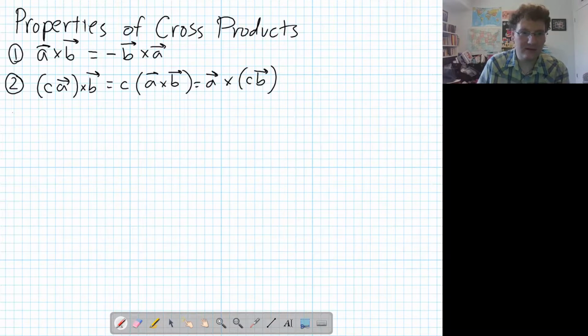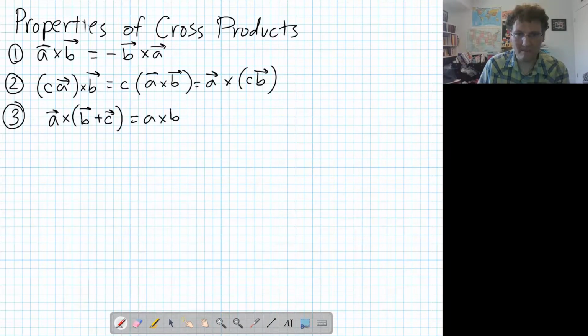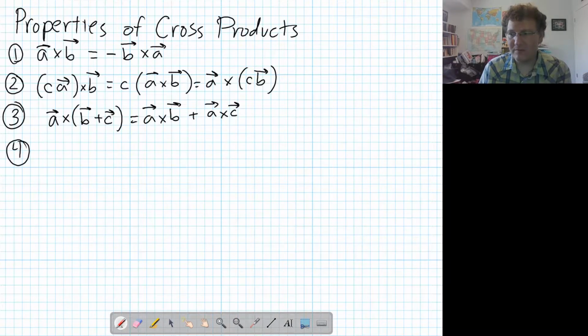The next is a form of distributive rule. A cross (B plus C) is A cross B plus A cross C. Now the distributive rule kind of works backwards as well.